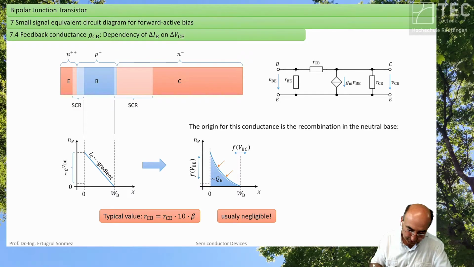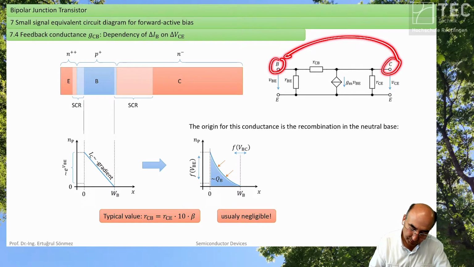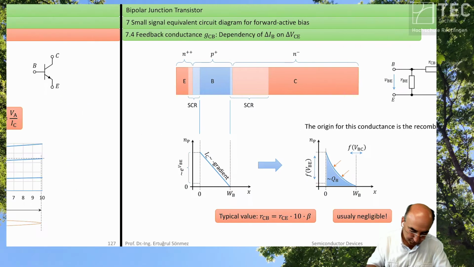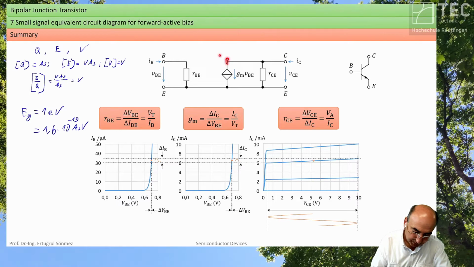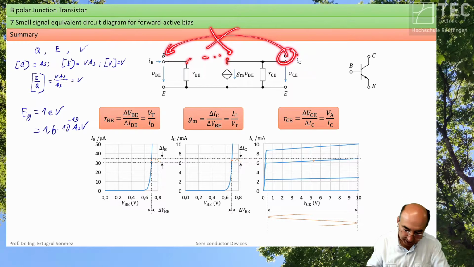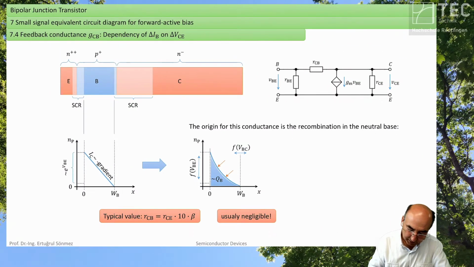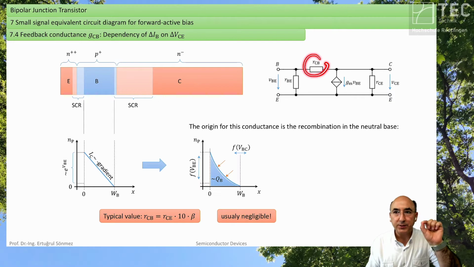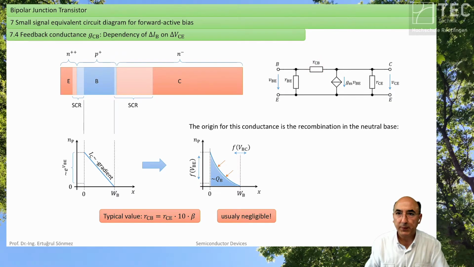You have from the output collector to the input base a certain feedback. Here is nothing, so here we have no feedback. But in reality, you have a small resistive feedback. Why?